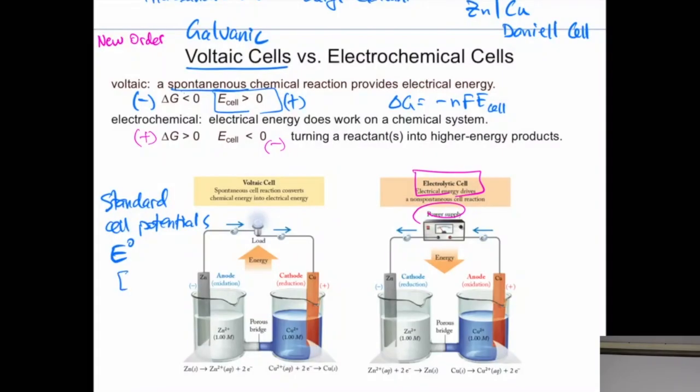Now soon, either today's lecture or on Monday, we're going to be departing from standard conditions. And when we depart from standard conditions, we can still calculate what the voltage potential of the cell will be, but it's no longer going to be the standard potential. There's a relationship between the standard potential and what the actual potential is.